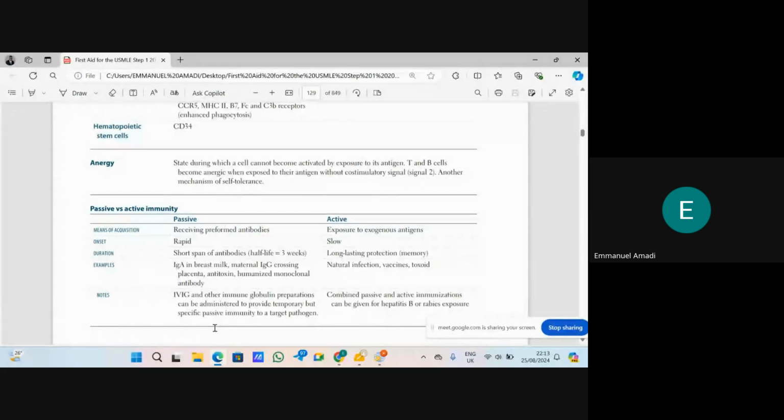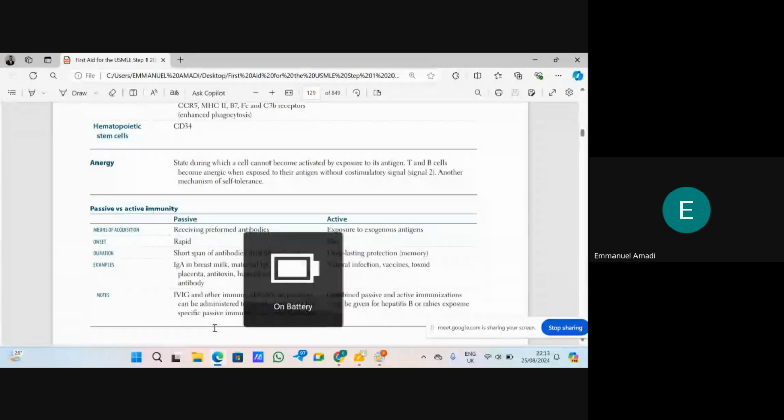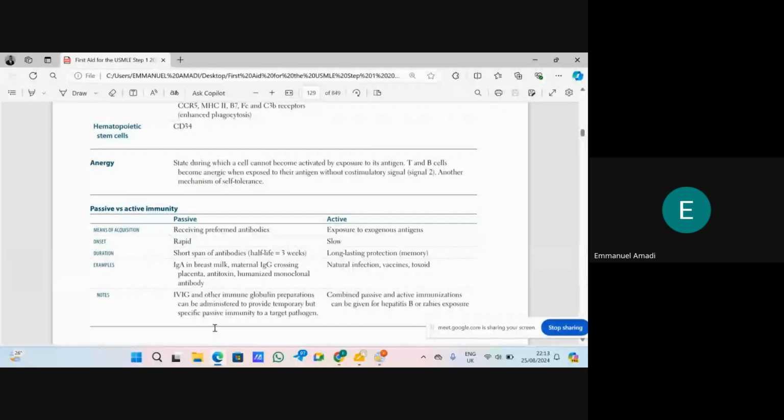Now, let's look at anergy. Anergy means T cell exhaustion. It is not every antigen you present to a T cell that will cause that T cell to be activated. No, that is not how it works. There are certain antigens you will present to a T cell, and instead of the T cell becoming activated, it will become exhausted immediately. That is where the concept of anergy comes in.